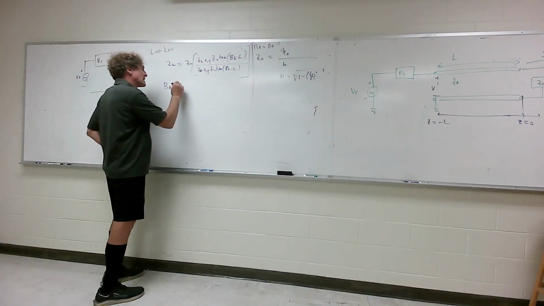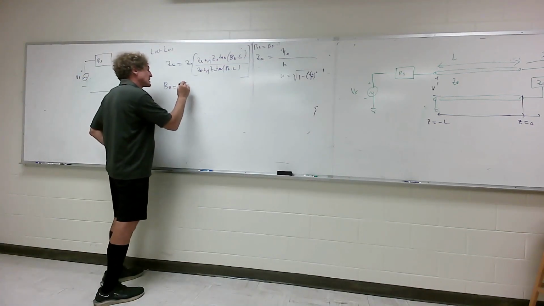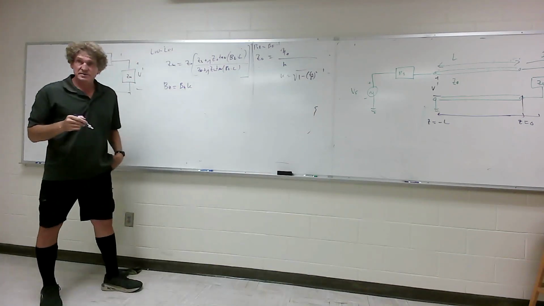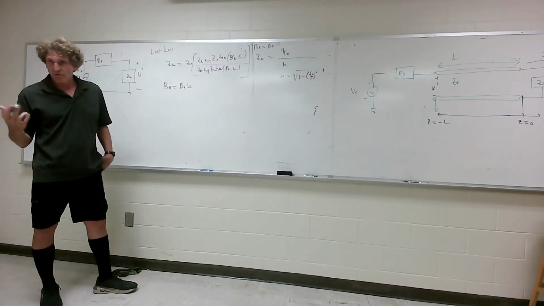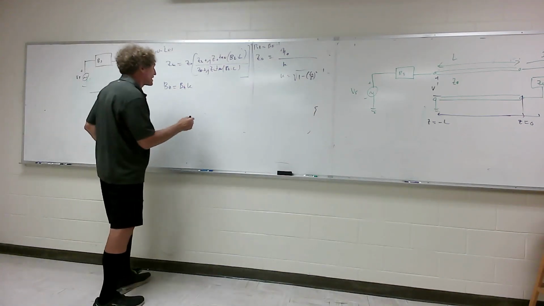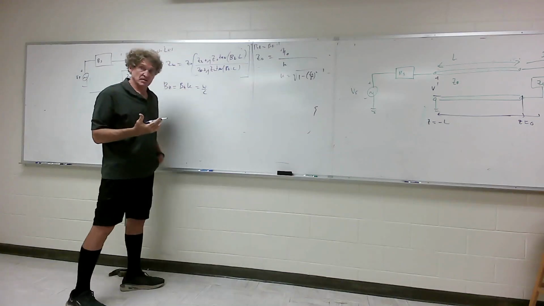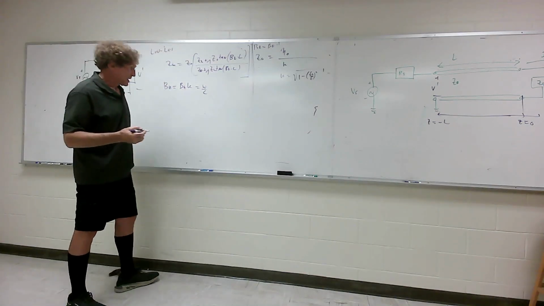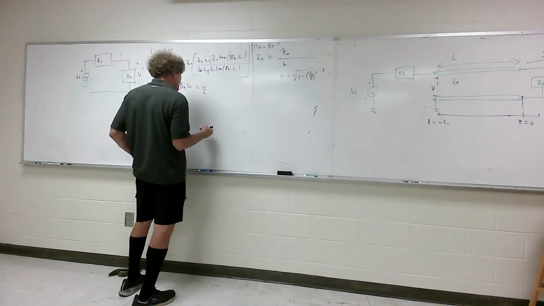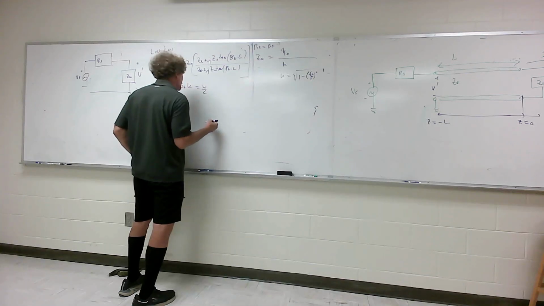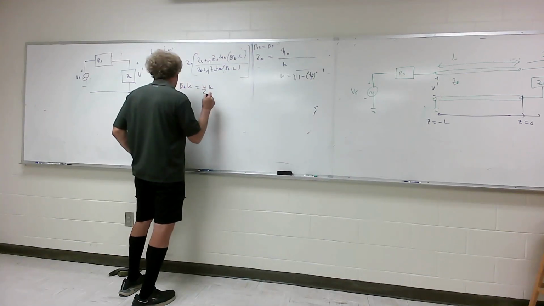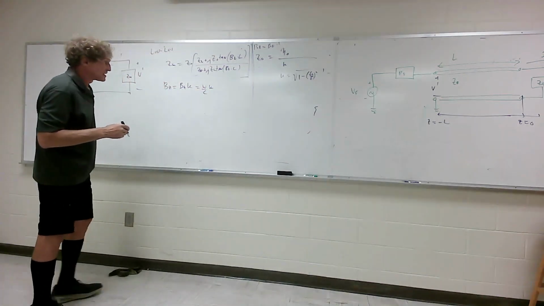Beta Z is the beta unguided times what? K, isn't it, class? K is used over and over again. That's the reason I like to put it one time. So beta unguided would be omega square root of mu epsilon, or omega over c if it's air-filled, correct, class? Now it's times k, so that's beta Z.